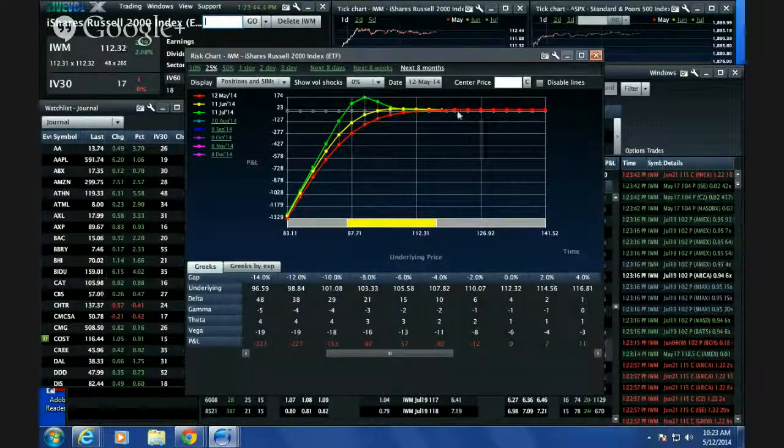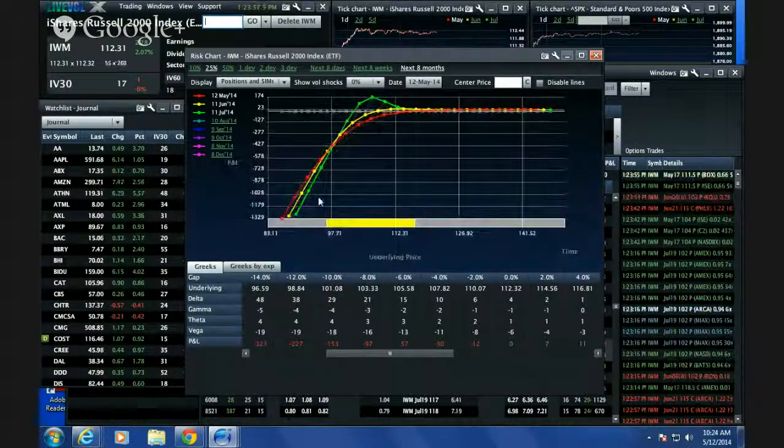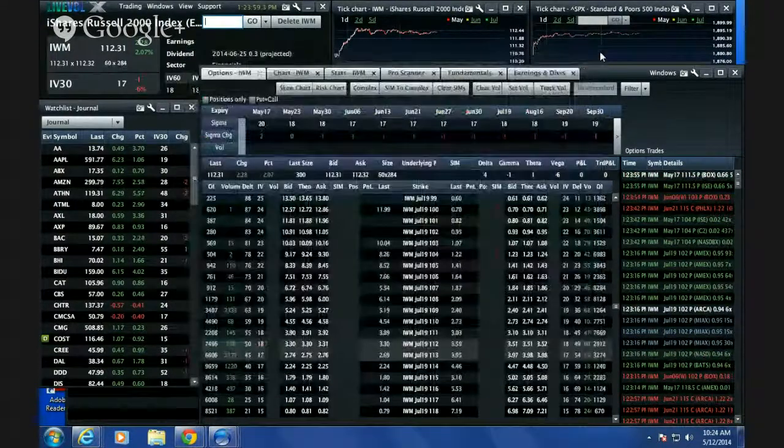So if nothing happens, I'll make money because I'm actually doing the 1x2 for credit. So I'll make money if IWM finishes higher than $96, but then I have this steep decline right afterwards, right? So I'm still kind of messing around with it.